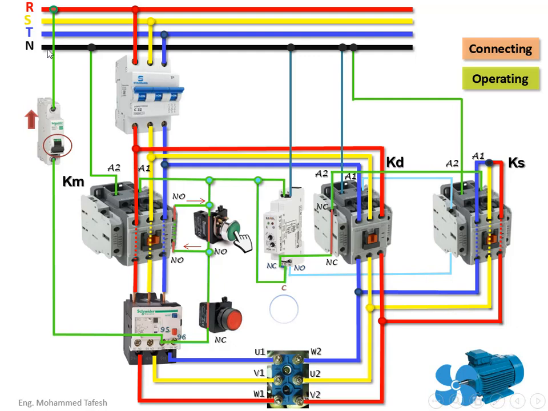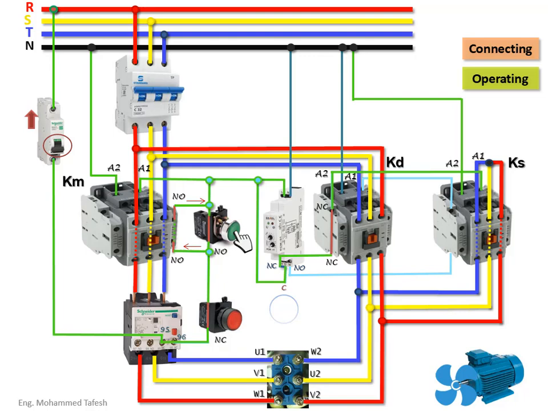Thus, the electric current entered the control elements from the circuit breaker to the overload, then to the main contactor Km, then to the timer. So the timer works for 5 seconds now, and then to the star contactor Ks. Ks works at the same time with the contactor Km.